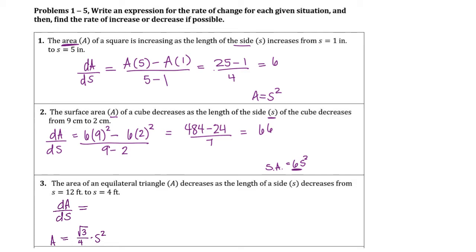And so now we're going to be substituting in, and for the first part, we are subbing in here our 12. So you're going to have root 3 over 4 times 144 minus root 3 over 4 times 16, and that's going to all be over 12 minus 4.